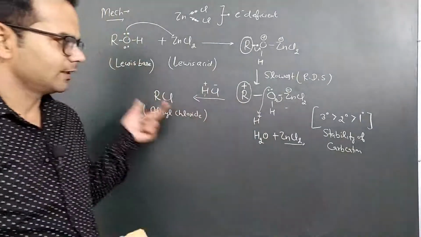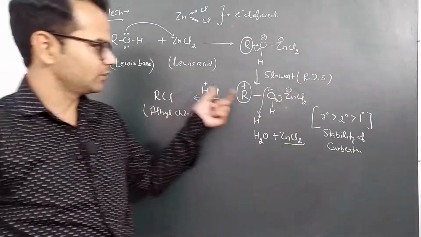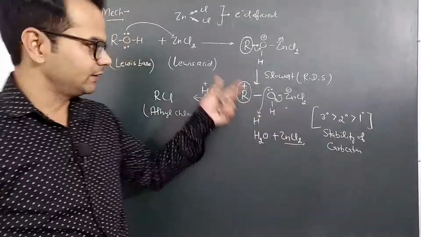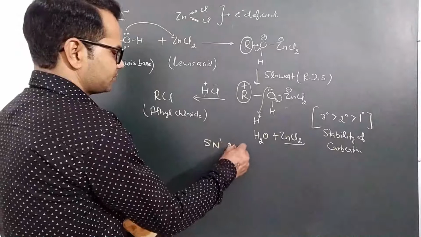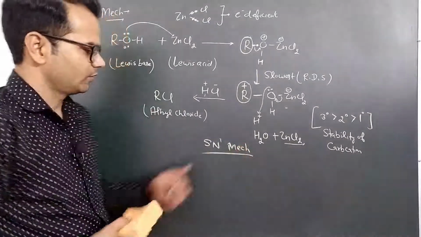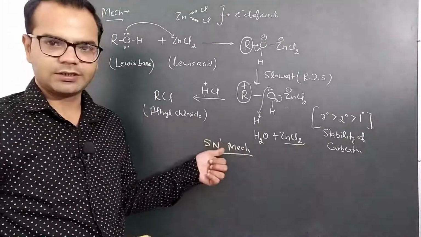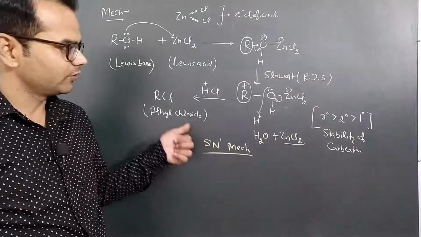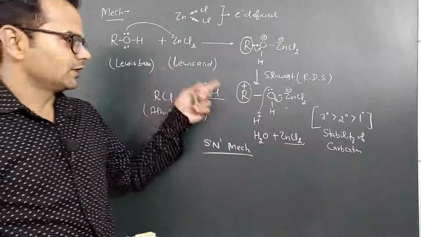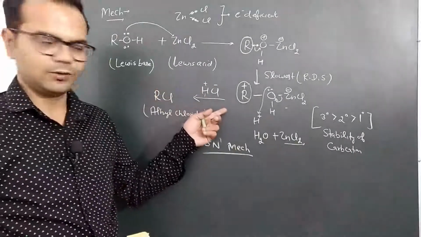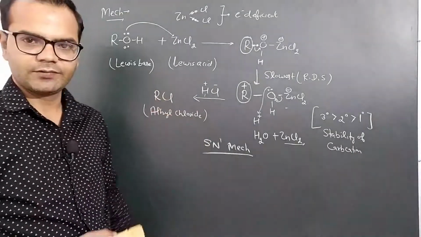This is the real mechanism, the formation of carbocation, and it is actually an SN1 mechanism, nucleophilic substitution first order reaction. So we are going to write the reaction separately of tertiary alcohol with Lucas reagent, secondary alcohol with Lucas reagent and primary alcohol with the Lucas reagent.